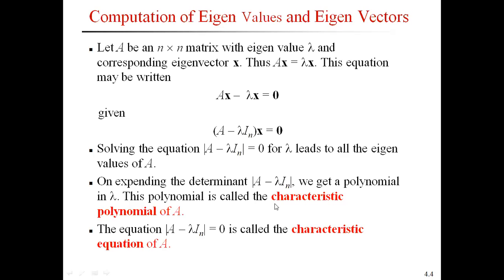This is the only thing you have to remember. The determinant of A minus lambda I n, expanded, is a polynomial in terms of lambda, and that polynomial is called the characteristic polynomial of A. The equation determinant of A minus lambda I n equal to 0 is called the characteristic equation of A. This is the way to define the characteristic polynomial, characteristic equation, eigenvalues and eigenvectors corresponding to the lambda values.